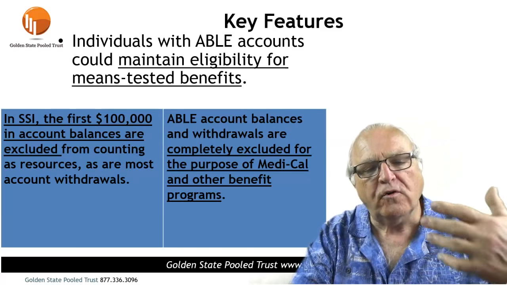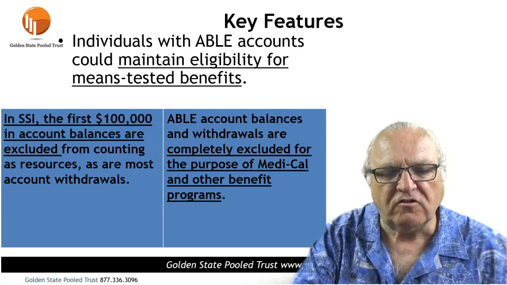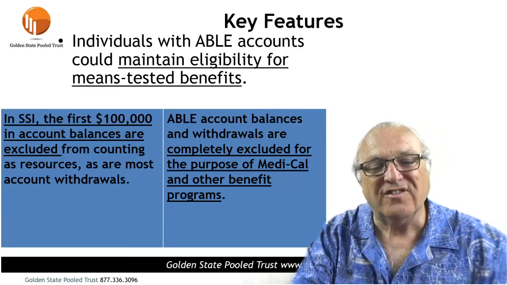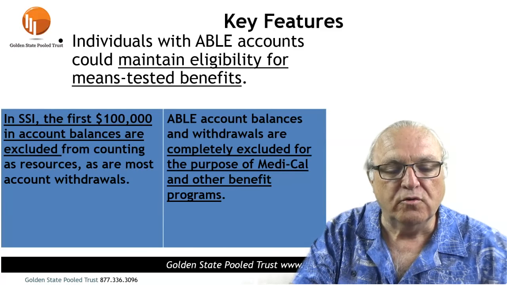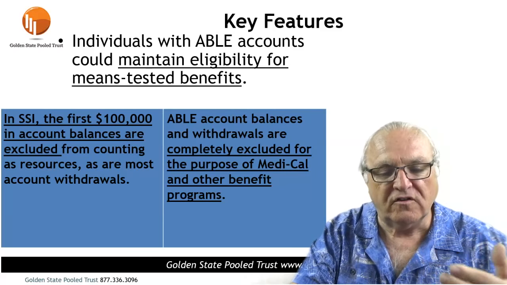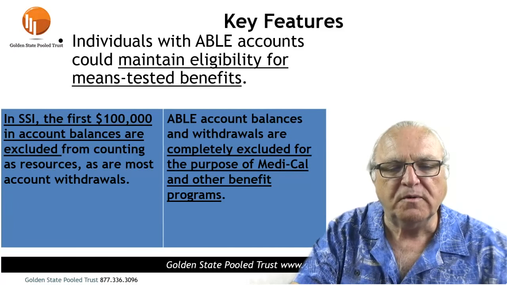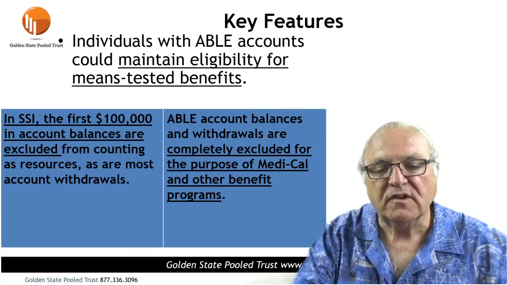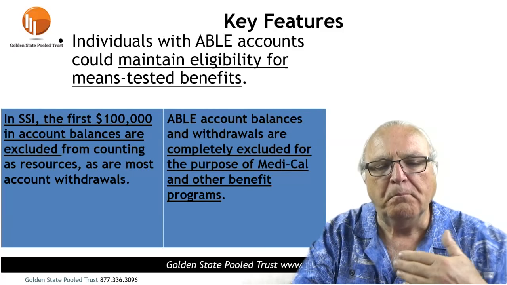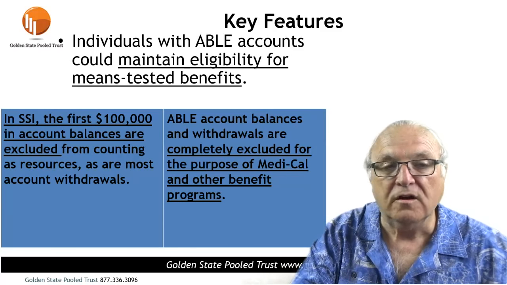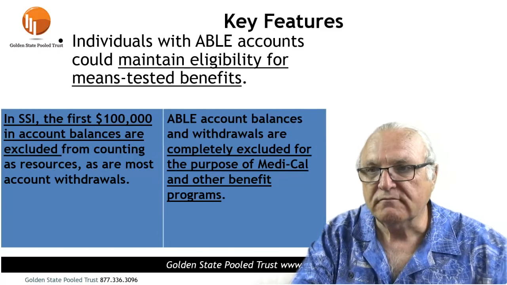Once it goes over $100,000, it starts to become a resource, and literally when it hits $102,000, you would lose your eligibility here for SSI, or else, as we're going to see, it would go into suspension. Even so, it still would keep your eligibility for Medi-Cal or Medicaid if you're in another state.